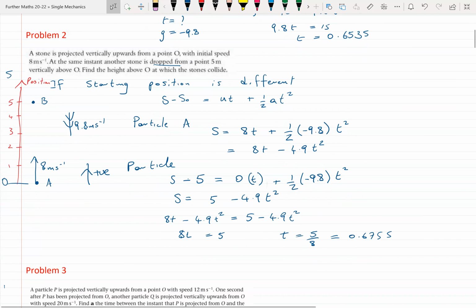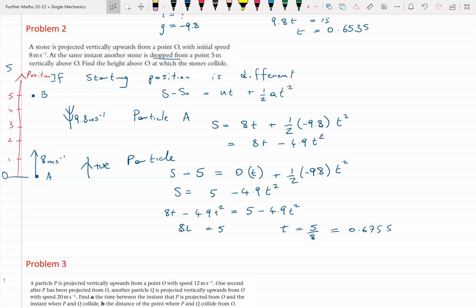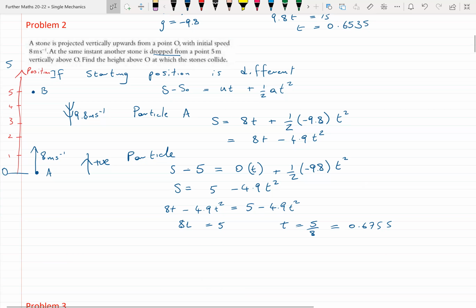And so we can easily also work out what the height is. We can just put the value of t back into either one of these. Let's put it back into this one.